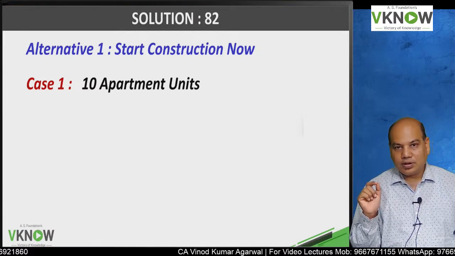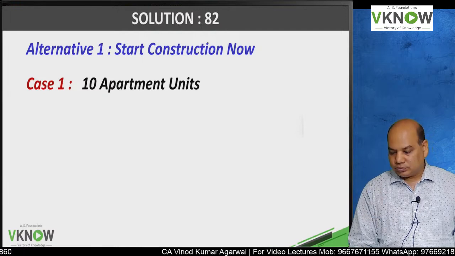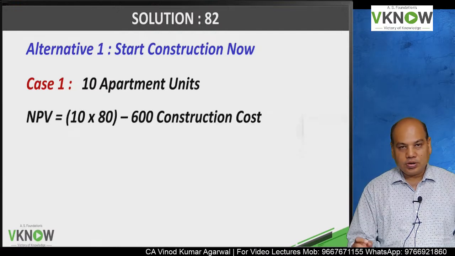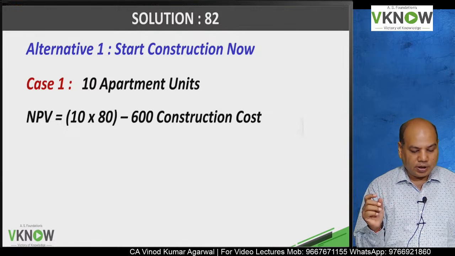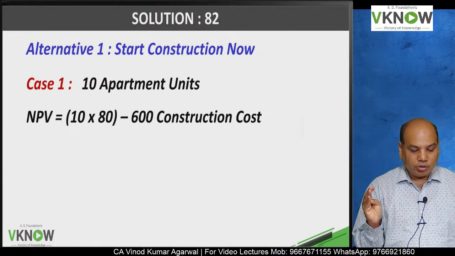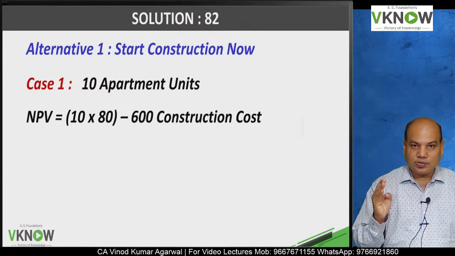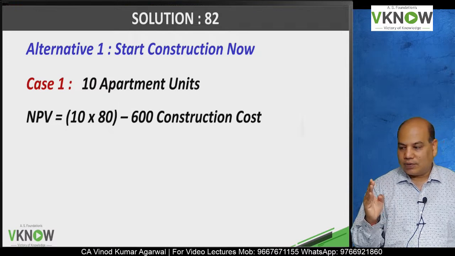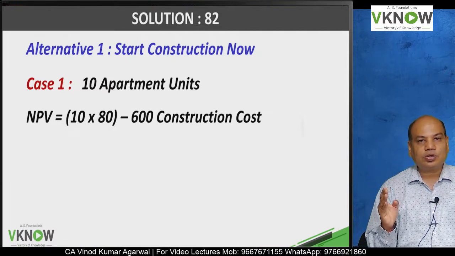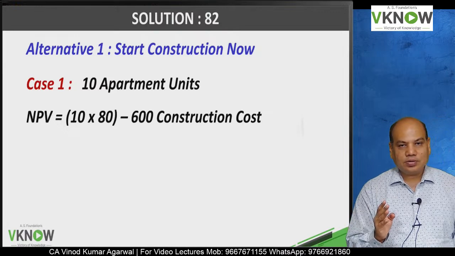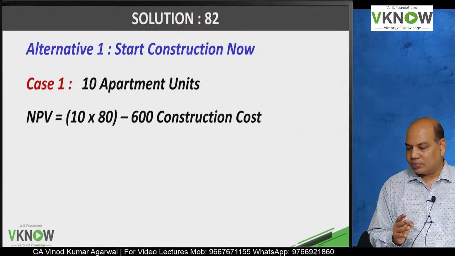So start with 10 apartments now. Case 1, 10 apartment units. And what will be your profitability? You are going to sell 10 apartments for 80 lakh, and for the construction cost of 10 apartments, the cost is 600 lakh.